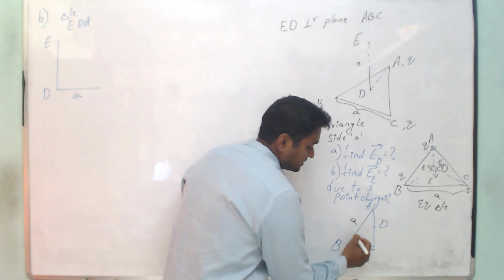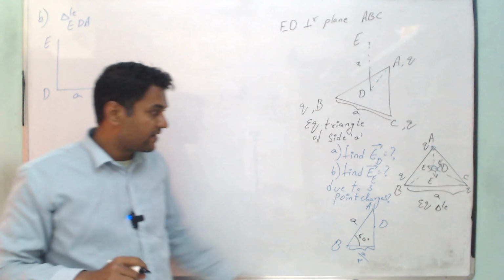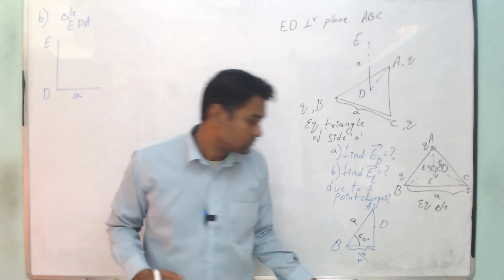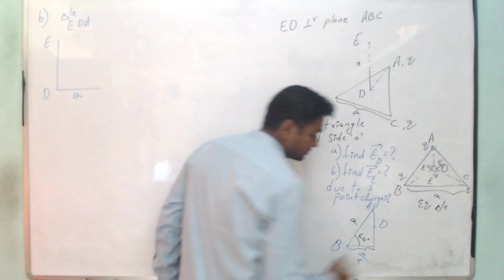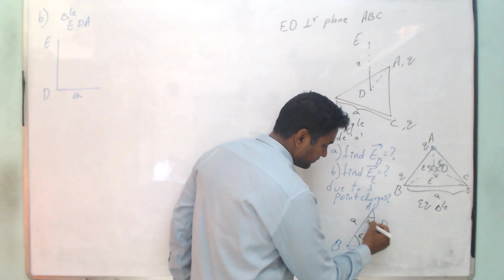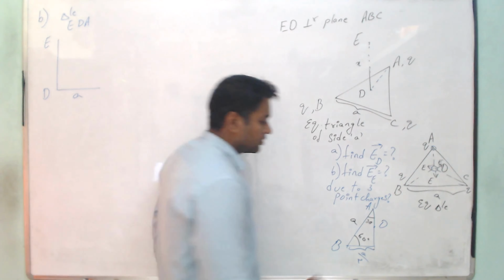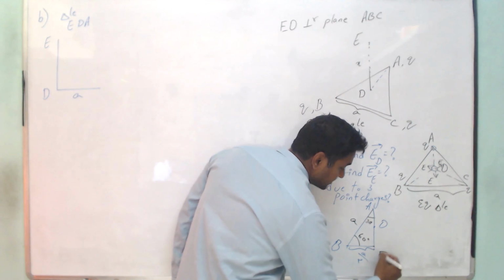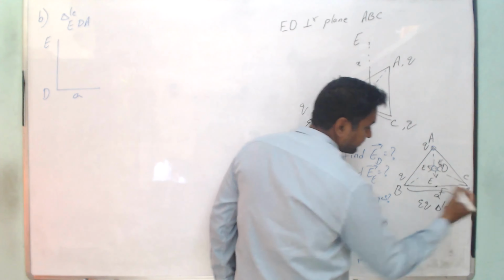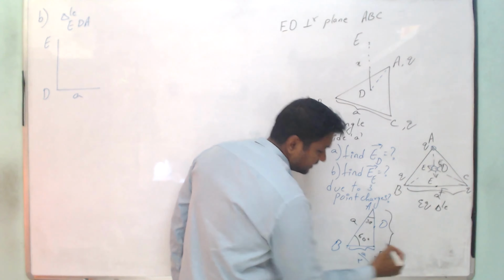This is an equilateral triangle, therefore this angle B should be 60 degrees. The upper one is 30 degrees, and that is a right angle, so it is 90 degrees. Now suppose this point, the midpoint of B and C, is F. I want to find the length AF.